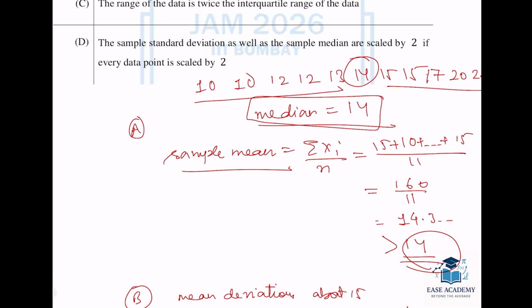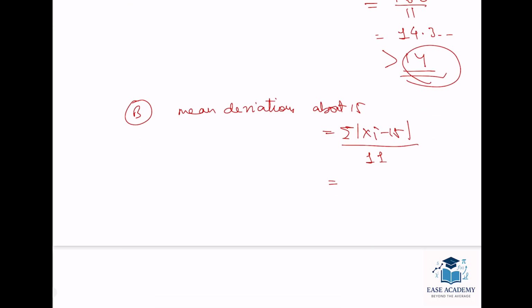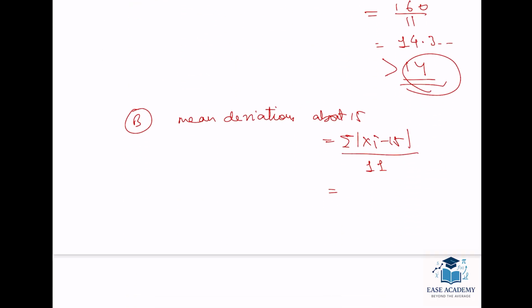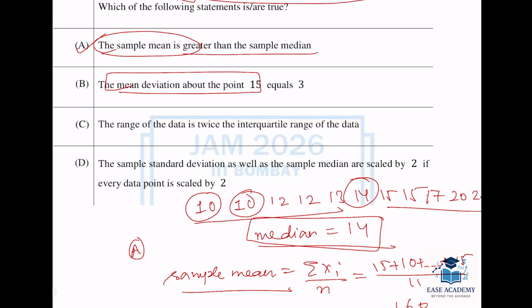Here try to take the difference of 15 with each observation and then take the absolute value and then add. We get 33 by 11, which is 3. So the option is 3, which is correct, that is option B is correct.